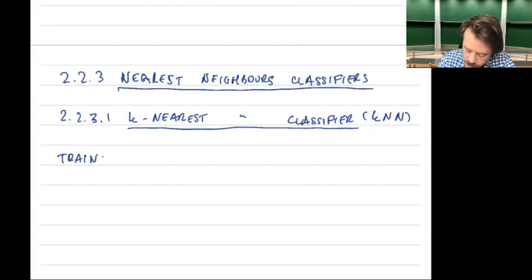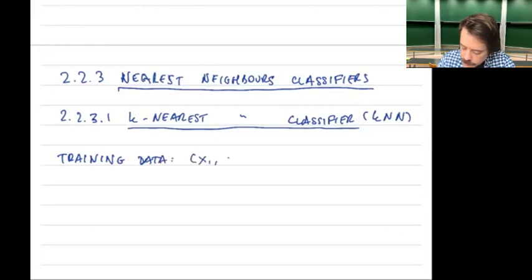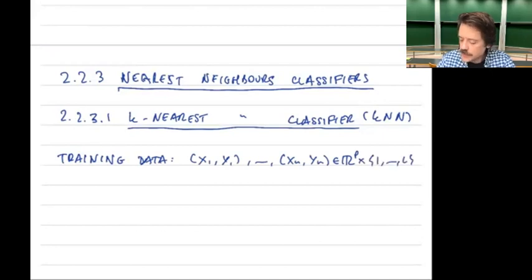So training, imagine that we have some training data that we're going to represent by x1, y1, up to xn, yn, just as usual. And we're going to place ourselves in the setting in which the covariates are in the p-dimensional Euclidean space.